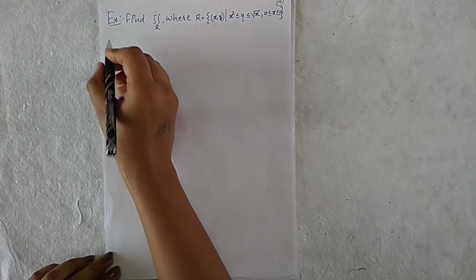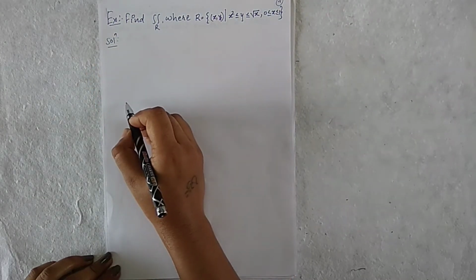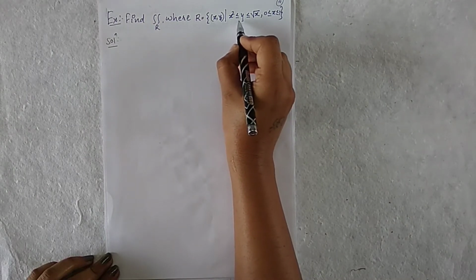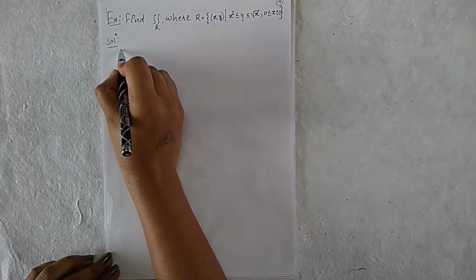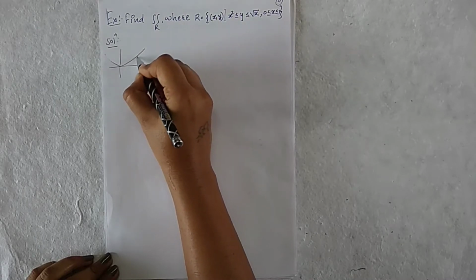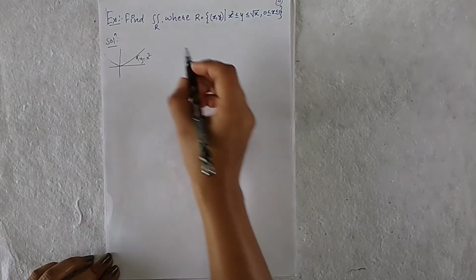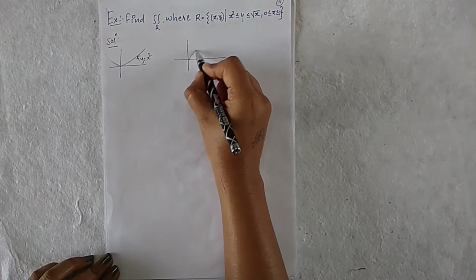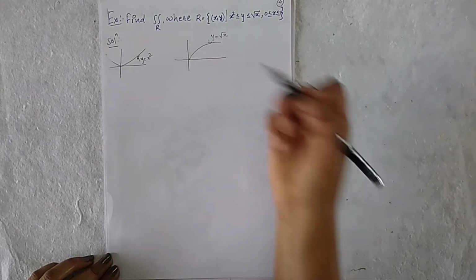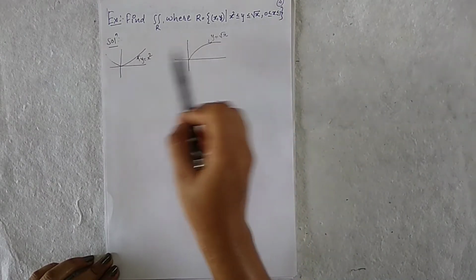Okay, for the solution, first we describe the region R. We know the graph of y is equal to x square is like this, and the graph of y is equal to square root of x is like this. We have to find the area between these two.